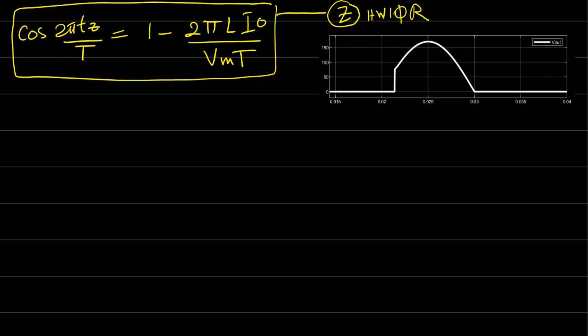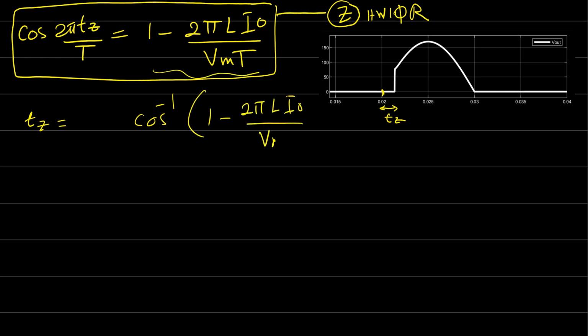Now easily you can find the commutation time from here to here. We said this is Tz. So Tz from this equation is equal to cosine inverse of this value, 1 minus 2 pi L I out over V maximum T, and all this multiplied by T over 2 pi.